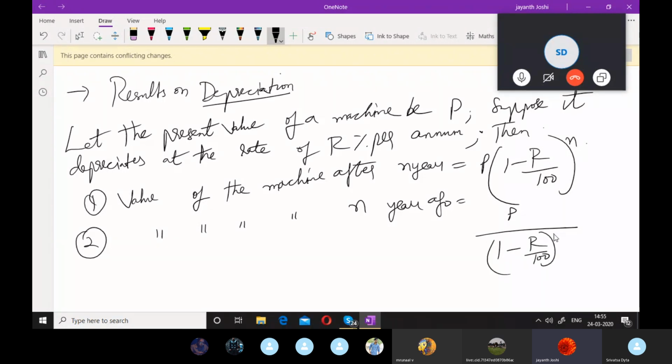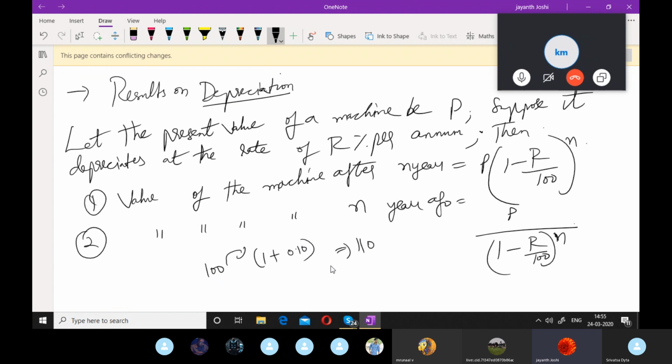Now you'll ask me a question, sir, why minus? See, depreciation is not an increase in the value of an asset, it is a decrease in the value of the asset. So instead of adding the rate, we are subtracting that rate. If you have 100 rupees and it grows by 10%, 0.10, it becomes 110.